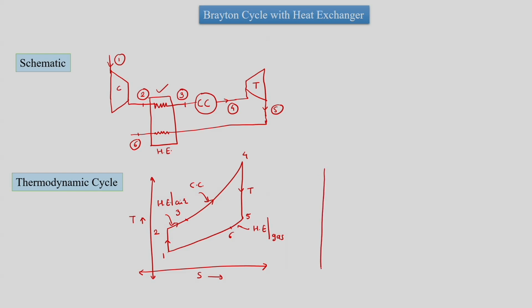Looking at this, we can draw the PV diagram for the Brayton cycle with heat exchanger, and we can show that 1 to 2 is isentropic compression, 2 to 3 is heat addition in the heat exchanger, 3 to 4 is heat addition in the combustion chamber, 4 to 5 is isentropic expansion, and 5 to 6 is heat rejection in the heat exchanger.